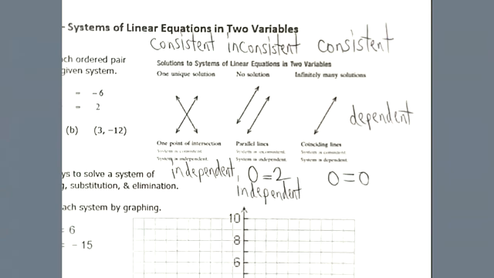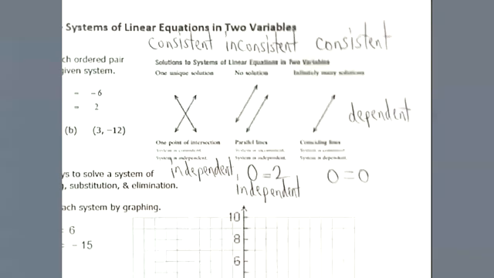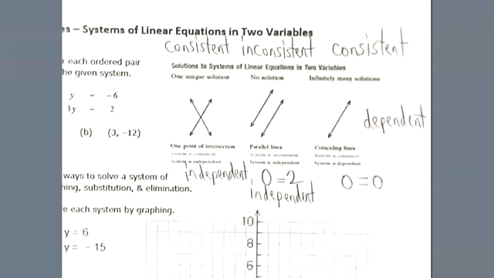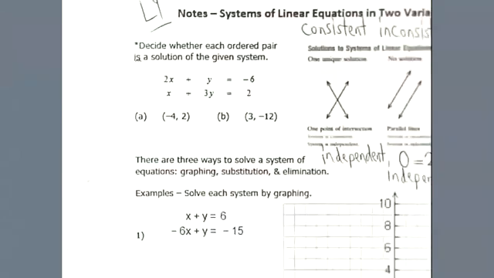Now, I want to go over a system with y'all in which you're given a solution and you want to verify if this solution is a true solution or not. So let's move over to this first problem.